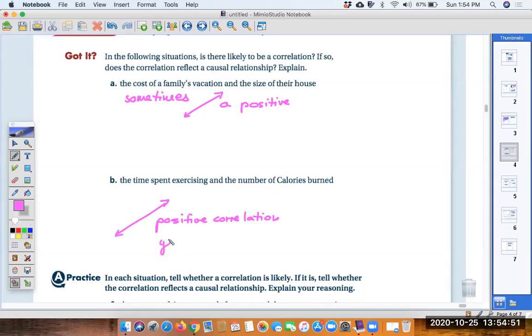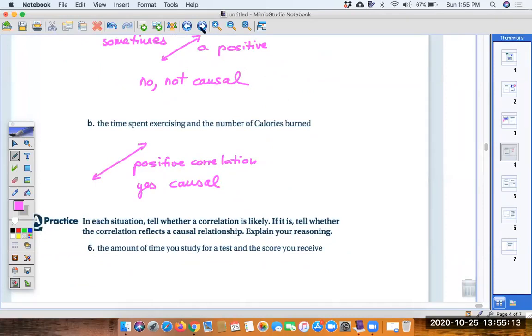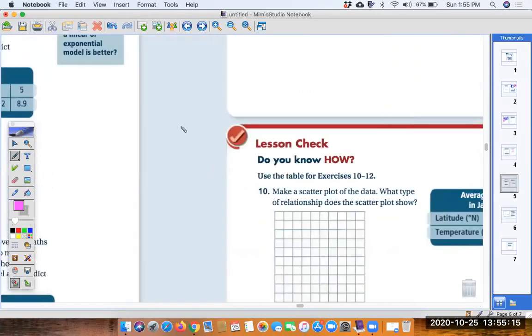Yes. Now, does the cost of your family vacation cause you to have a bigger house? No, not causal. So that's just a little tidbit. Next page. What else do we have here?